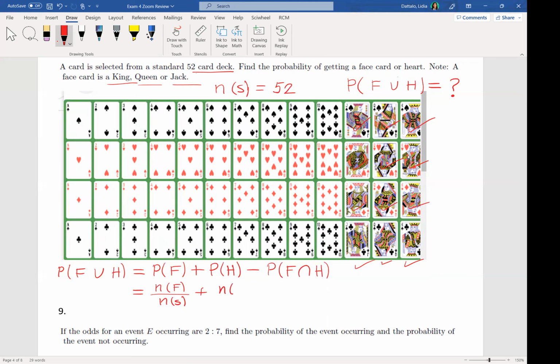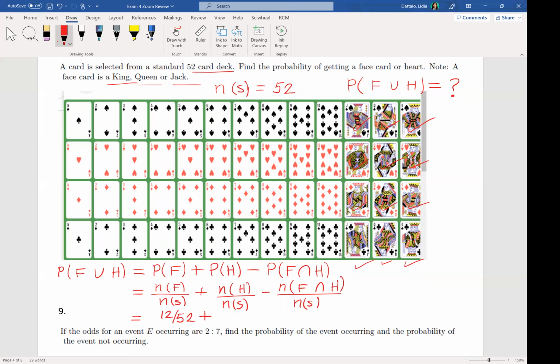Plus the number of ways of getting a heart divided by the space, minus the number of ways I can get a face card and a heart divided by the space. The number of ways we can get a face card, again, I counted them. That was 12. The total number of cards, 52.